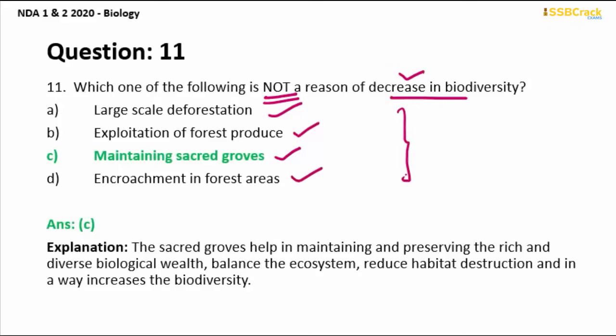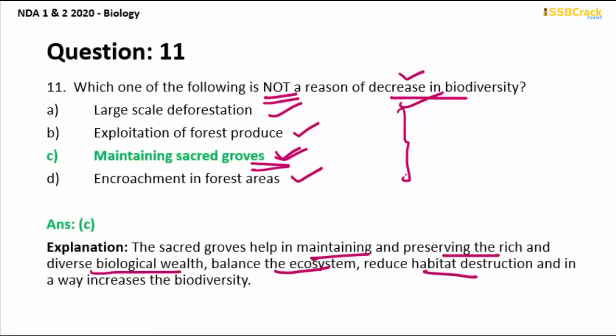Encroachment in forest areas will also decrease biodiversity. Maintaining sacred groves helps in maintaining and preserving the rich and diverse biological wealth. It also helps in balancing the ecosystem, reduces the destruction of our habitat, and increases biodiversity. So the answer is option C, maintaining sacred groves.